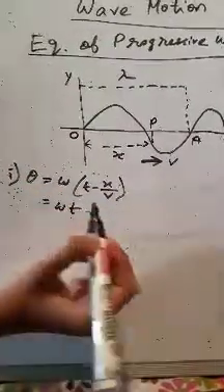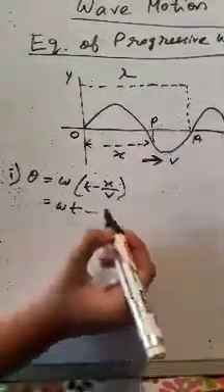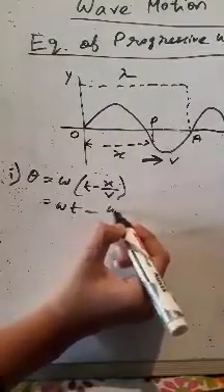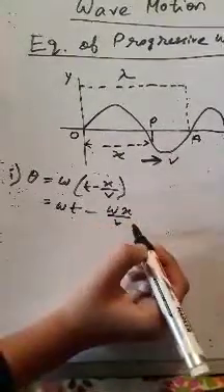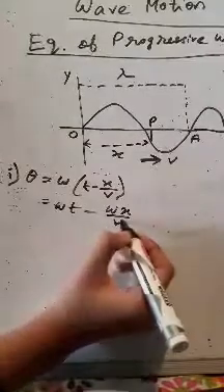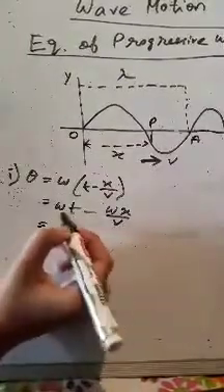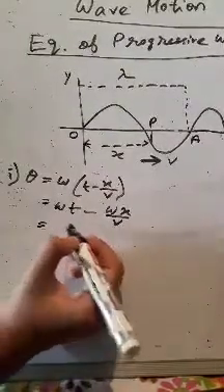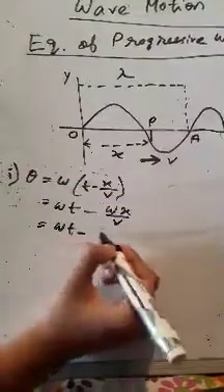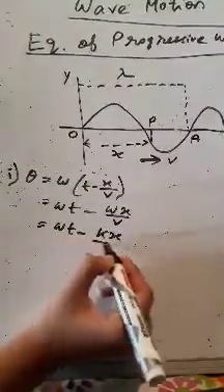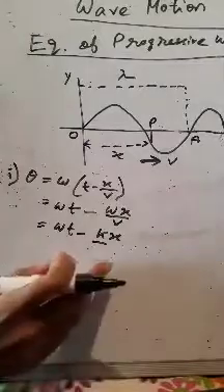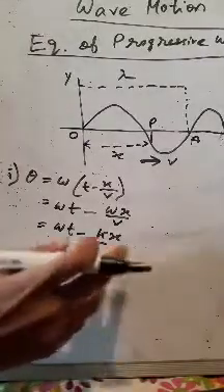Then we can write it as omega t minus kx, because previously we wrote the angular wave number k as omega by v.